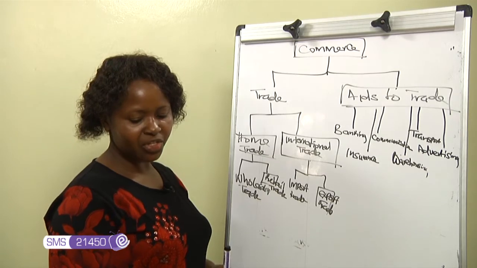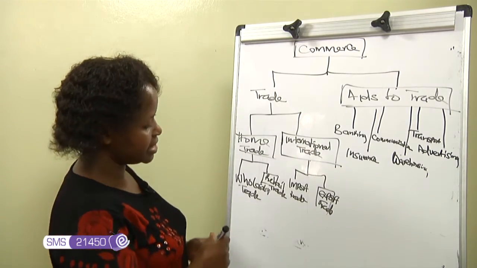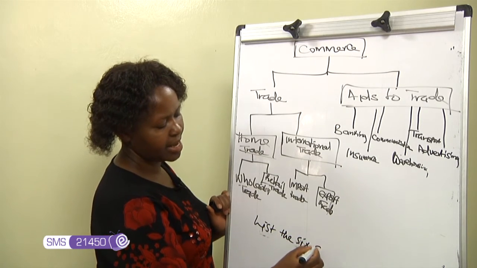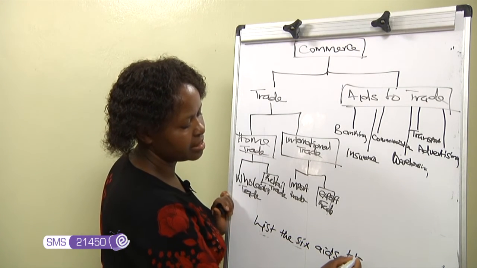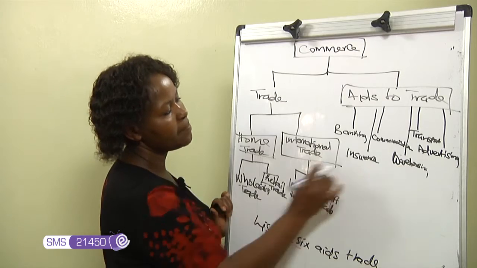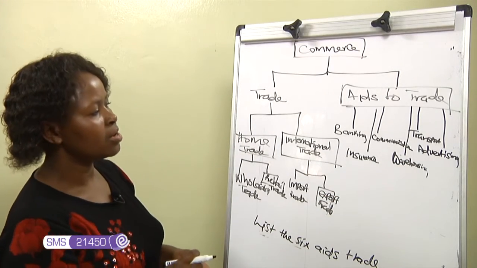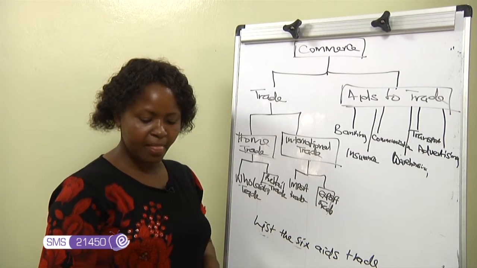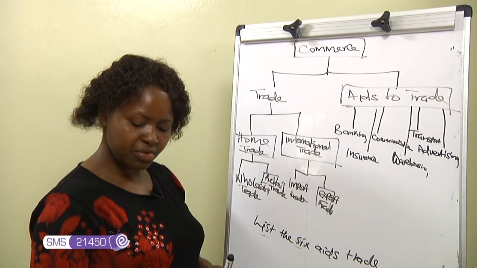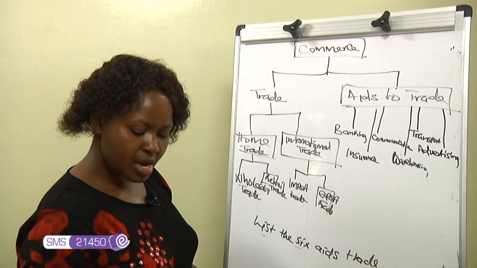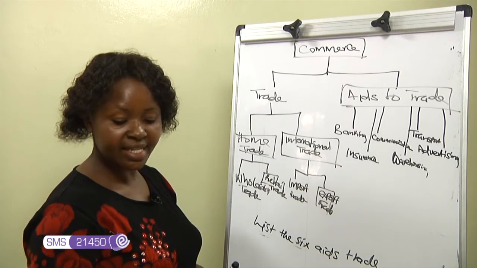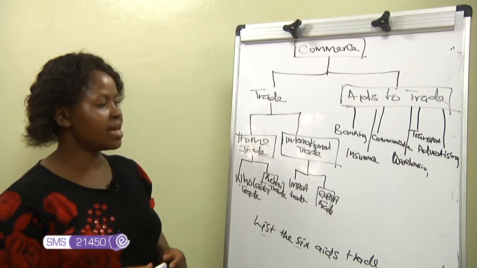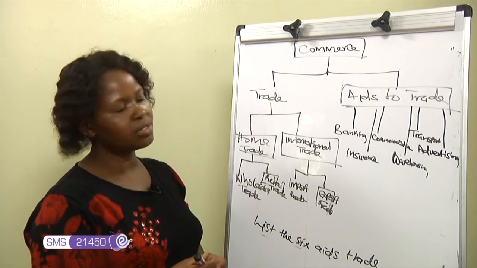You may also be required to list the six aids to trade, which we have mentioned here: banking, insurance, communication, transport, advertising, and warehousing. We may also have to define what commerce is, and this is used in relation to trade and aids to trade.